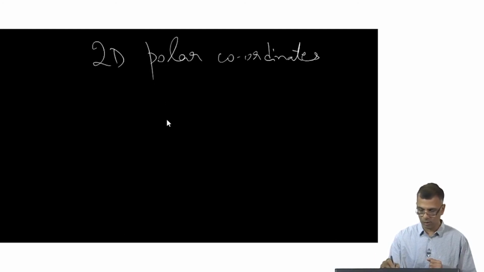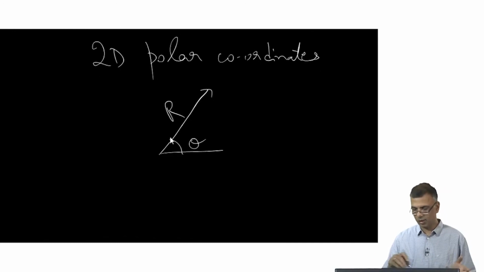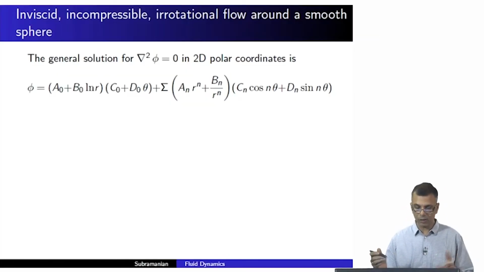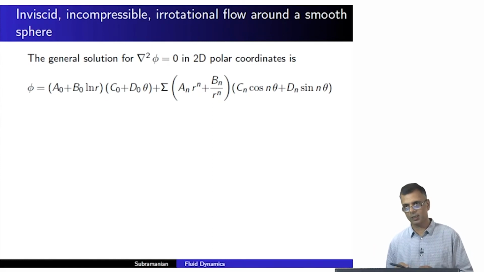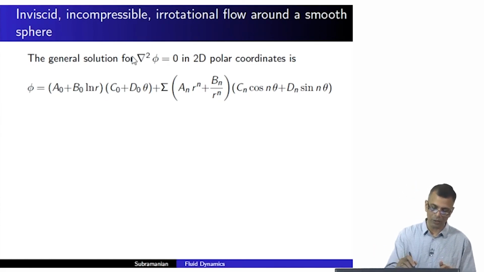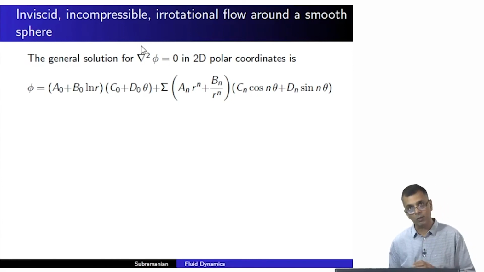These are the only two things that matter. This is the general solution. I'm simply writing this down. You can find this in many places. You can think of this as simply following from the definition of del square in polar coordinates.